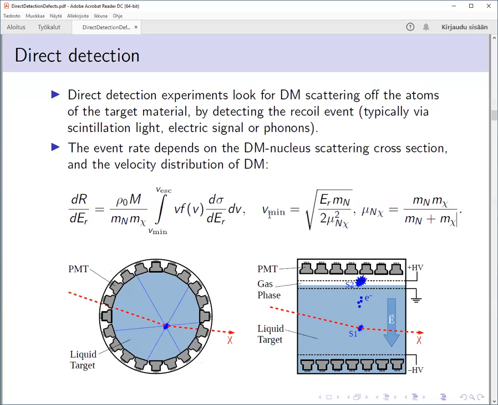So this V min, for light dark matter, scales roughly like 1/m chi, which means that if the dark matter is very light, then V min becomes large, and at some point it becomes larger than the escape velocity of the dark matter particles from the gravitational well of the galaxy, and we expect that dark matter particles with velocities higher than that escape velocity don't exist because they have enough velocity to evaporate from the galactic halo. So that's why this integral goes to 0 for light dark matter.